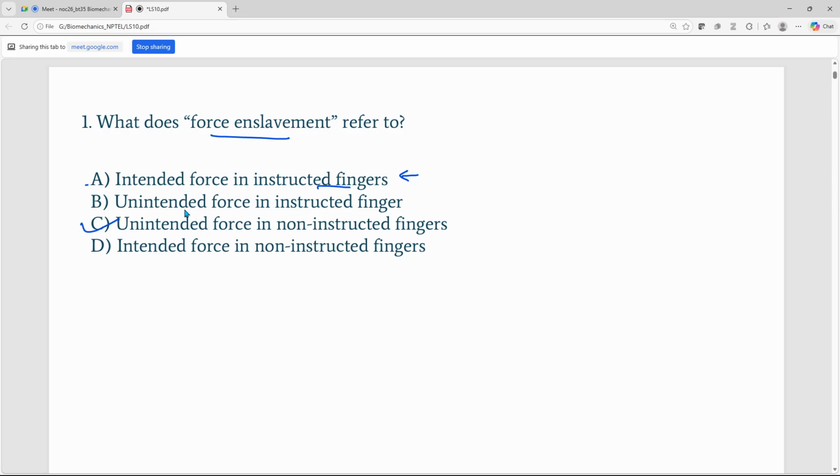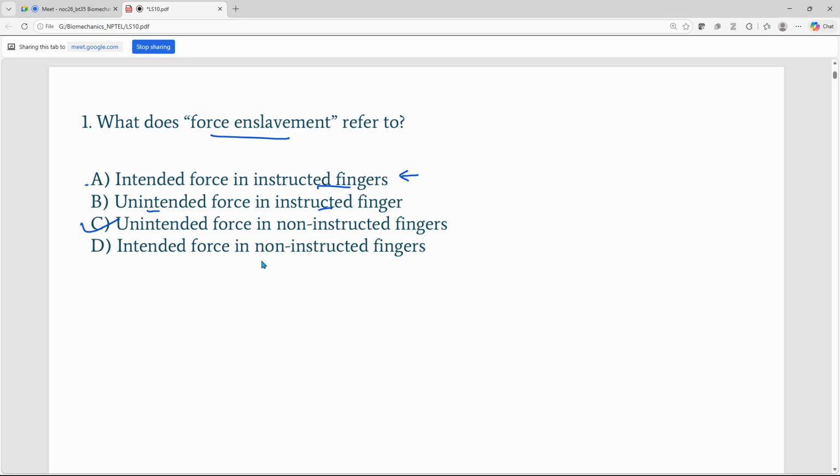Option B is not a desired condition. It is saying unintended force in instructed finger. Even though the finger is correct, it is creating some unintended force, which is not a desired result. Option D is intended force in non-instructed fingers.